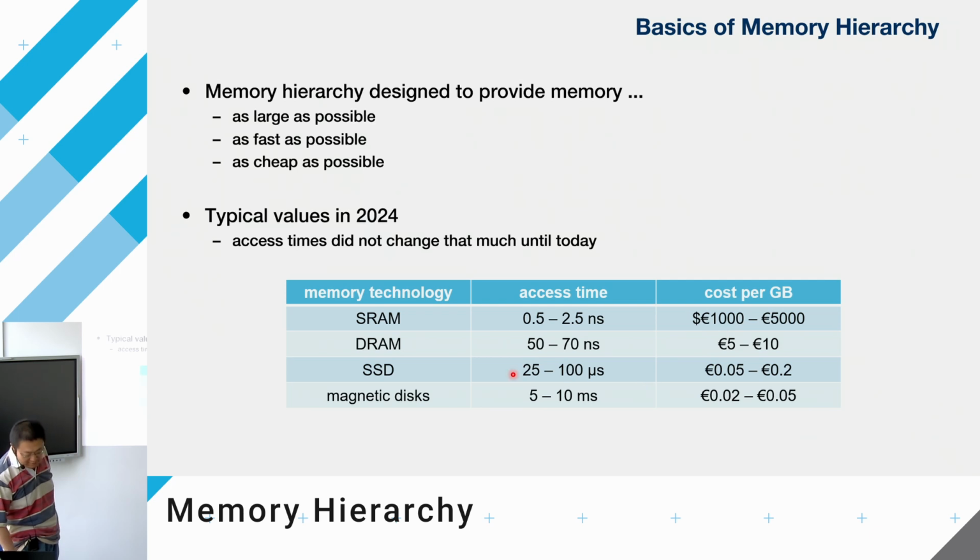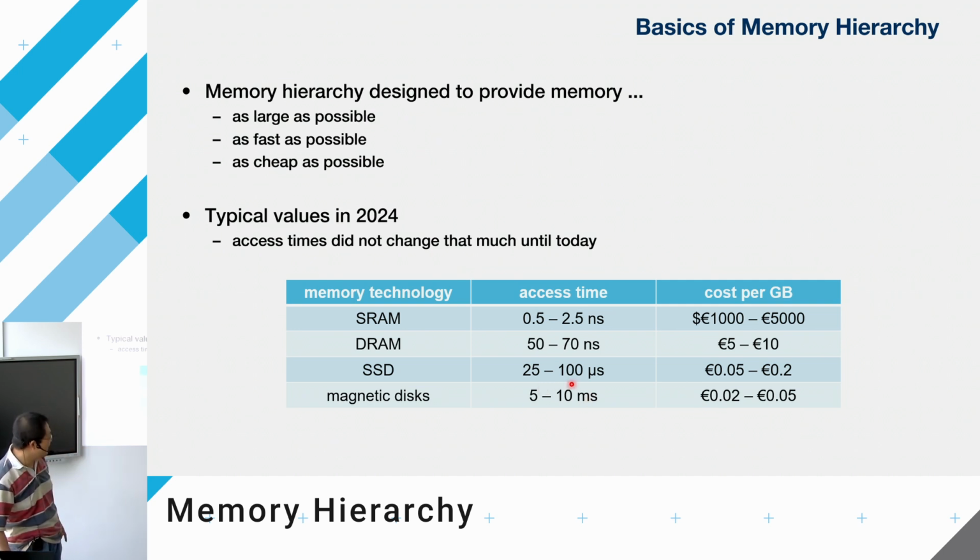And for SSD or even some magnetic disk, the access time is even slower. I'm not sure if you have experience with the magnetic disk. It has a rotator. It's mechanical.